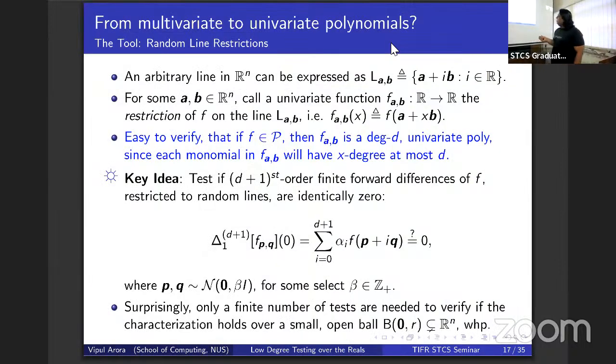Surprisingly, only a finite number of these tests are needed to verify whether this characterization holds over a small open ball B(0, R) with high probability. So you test for sufficiently many repetitions whether this is not equal to 0. The moment you find a witness, you discard the function. If you do not, then you have a guarantee that on a small enough open ball, the function is close to being a degree D polynomial.